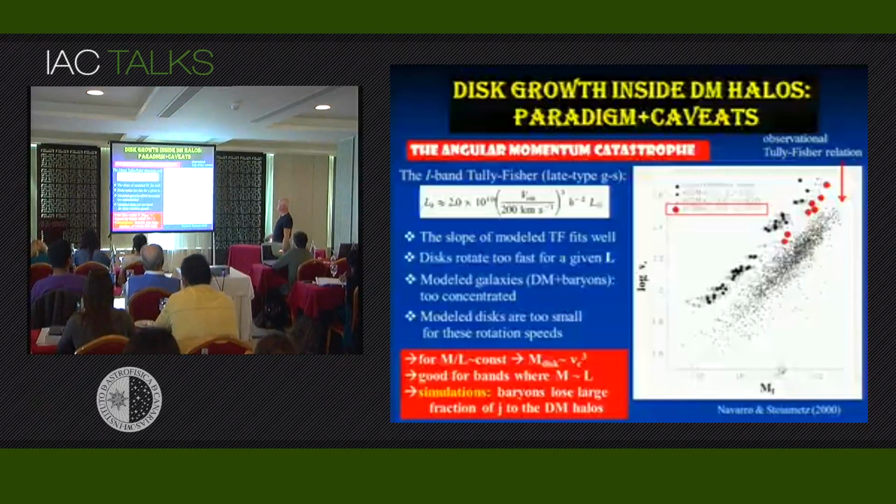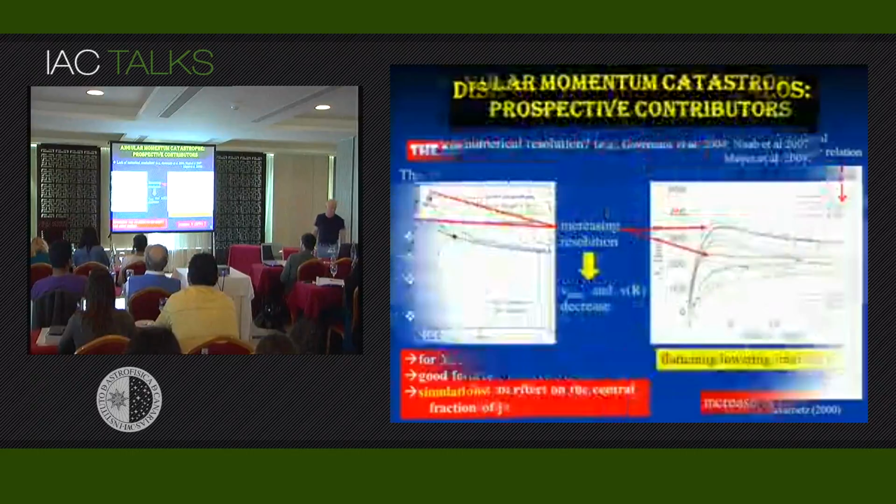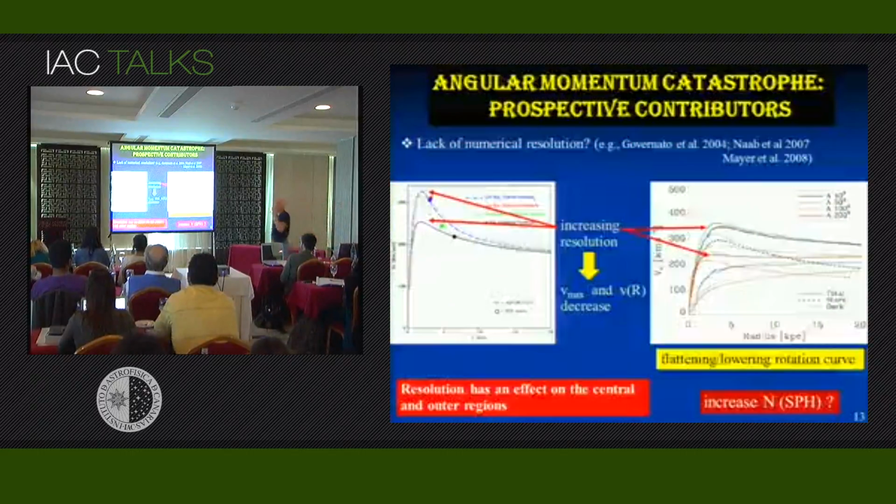And what does it mean? It means that for a given luminosity, the disks rotate too fast. Why do they rotate too fast in numerical simulations? Because they are too compact. Okay? So the problem stays, the angular momentum catastrophe.